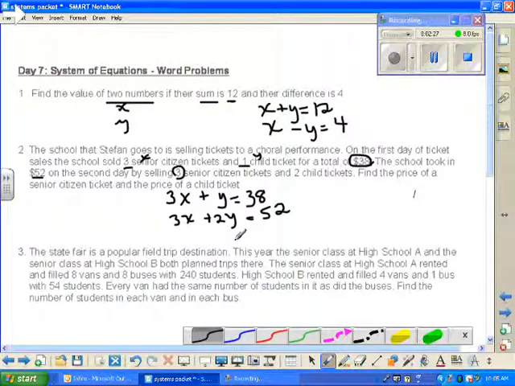The question is, find the price of the senior tickets and the price of the child ticket. You just solve the system by any way that you would like. We're going to go back and solve them, but we're just setting up the word problems right now.